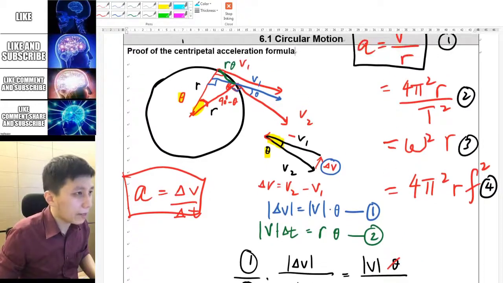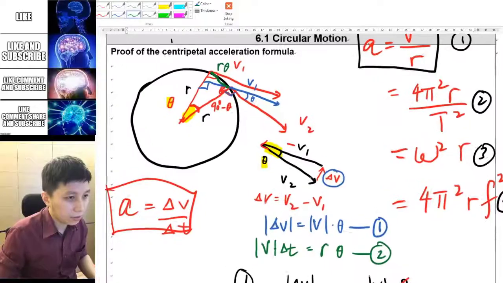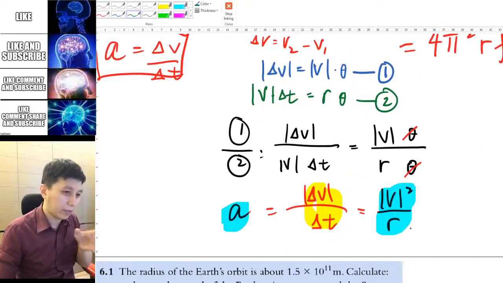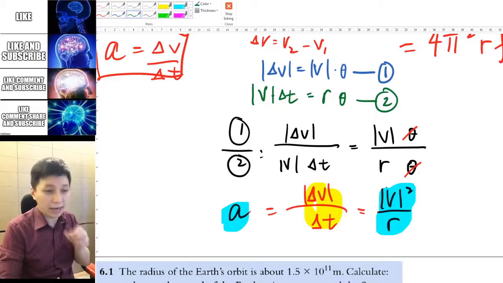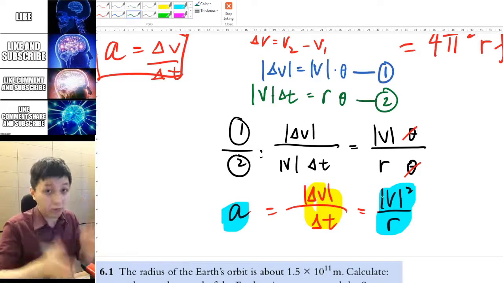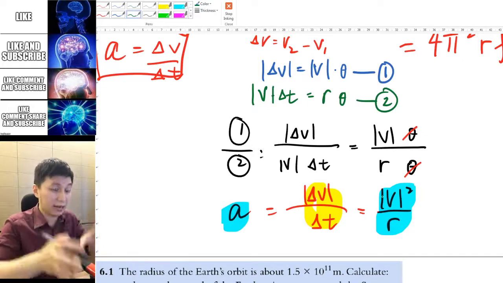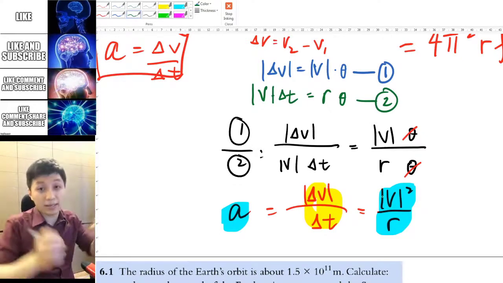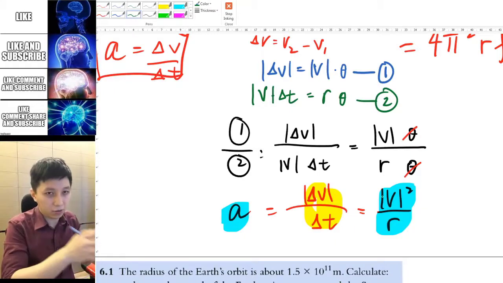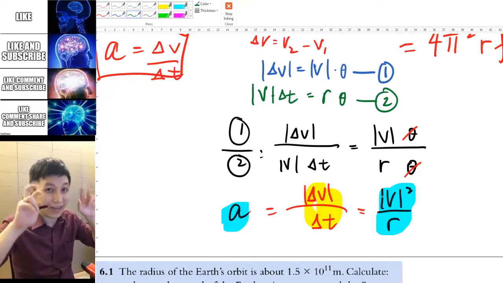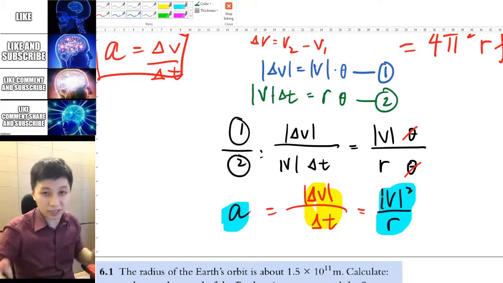Oh, I find out I made a very stupid mistake. Just now I wanted to explain that this is obviously a magnitude because of the absolute value. Whenever you put the absolute value, you only take out the magnitude of a vector, so the direction information has been taken away already.